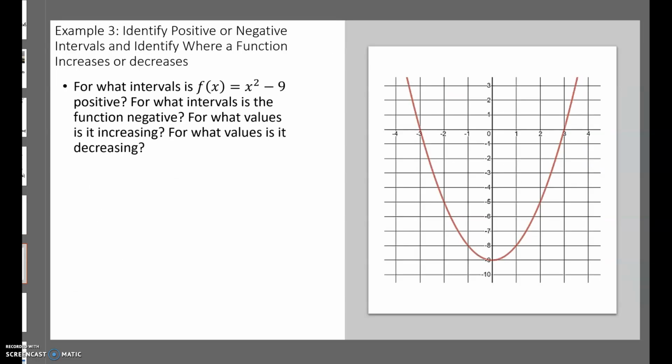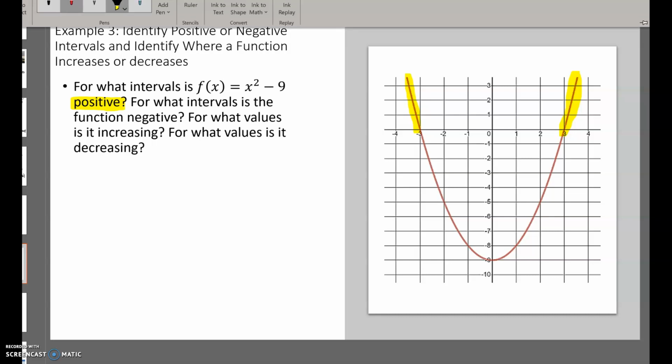Okay, now we're going to look at what intervals of this graph are positive and what intervals are negative. So where is y negative and where is it positive? So let's look here. Right here would be positive, and right here would be positive. So we're going to write those intervals.